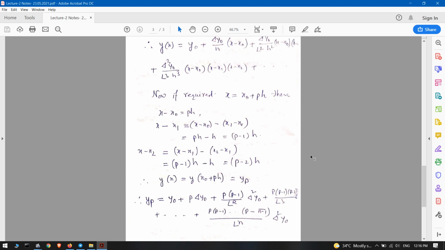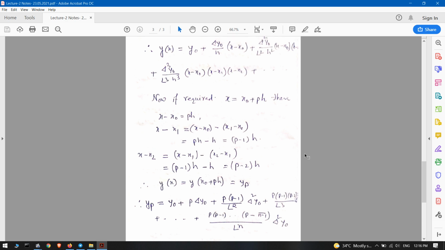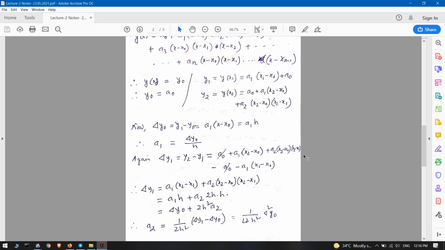Now put the value of y2 already calculated, that is a naught plus a1 into x2 minus x naught plus a2 into x2 minus x naught into x2 minus x1, minus y1. y1 already calculated, that is a naught plus a1 into x1 minus x naught. You put these two values and do the calculation. Then you will get that del of y1 will be equal to a1 into x2 minus x1 plus a2 into x2 minus x naught into x2 minus x1.